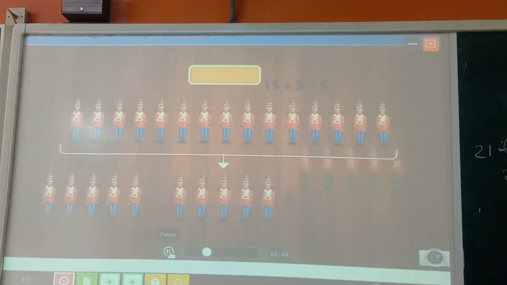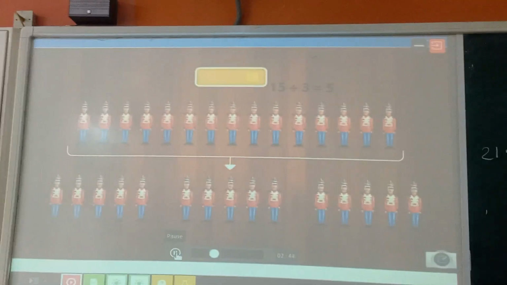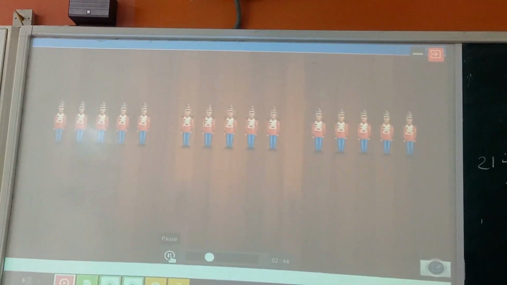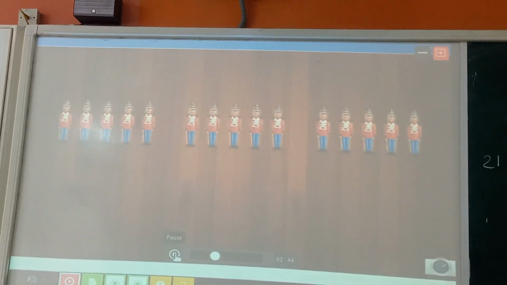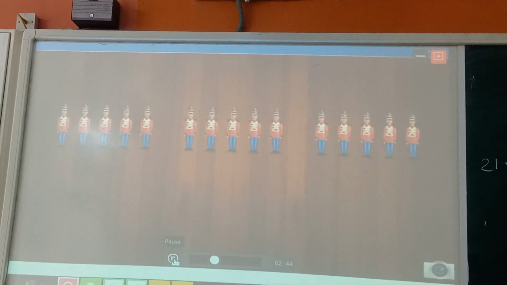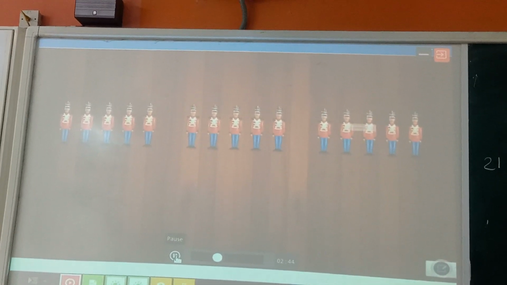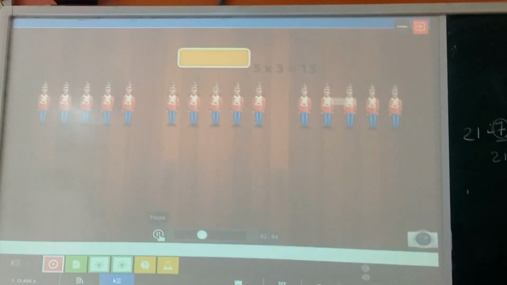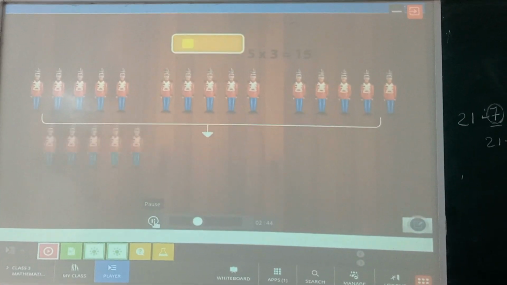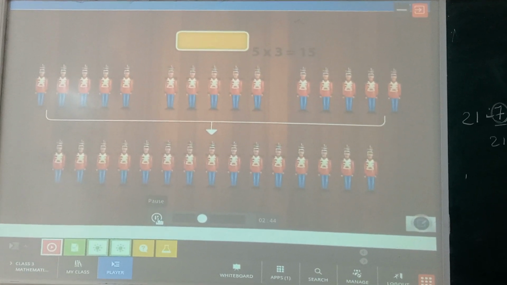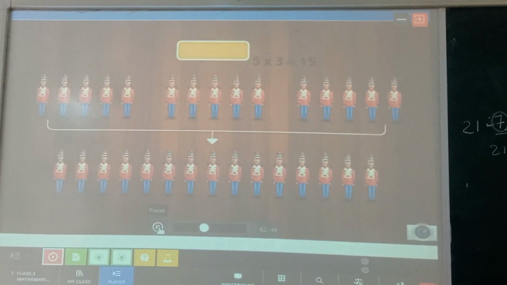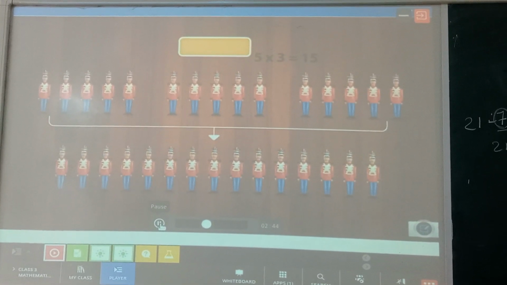15 divided by 3 is 5. Now you have 3 groups of 5 soldiers. How did you find the total number of soldiers? I will multiply 3 by 5. 5 times 3 is 15. There are 15 soldiers.